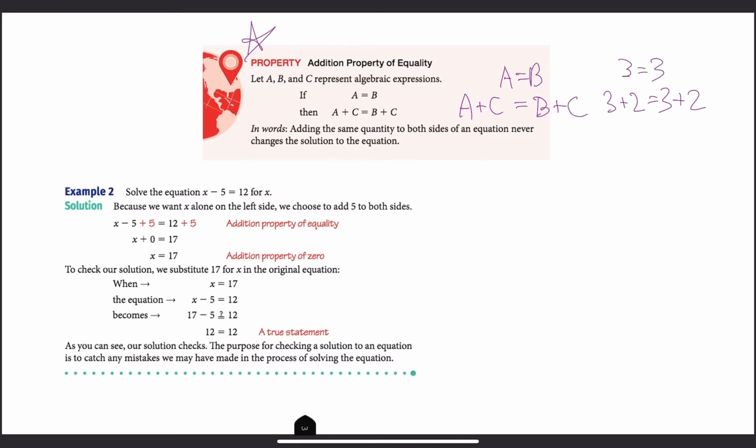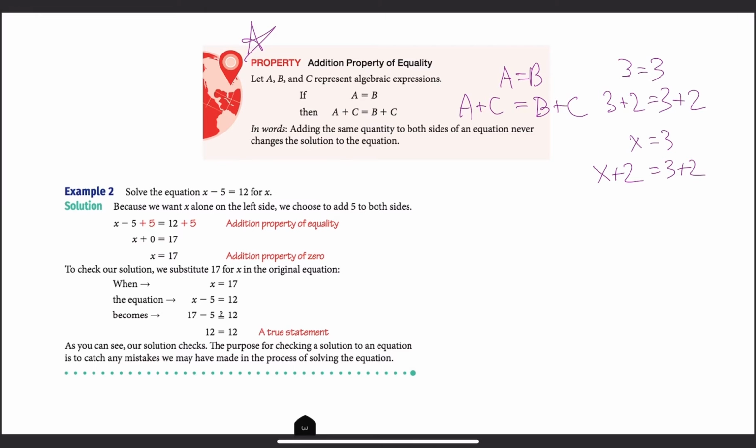The only difference is, instead of starting with 3 equals 3, we'll often start with something like x equals 3. But if x equals 3, then if I wanted to add 2 to my x, I would also have to add 2 to my 3 to keep this a true statement.